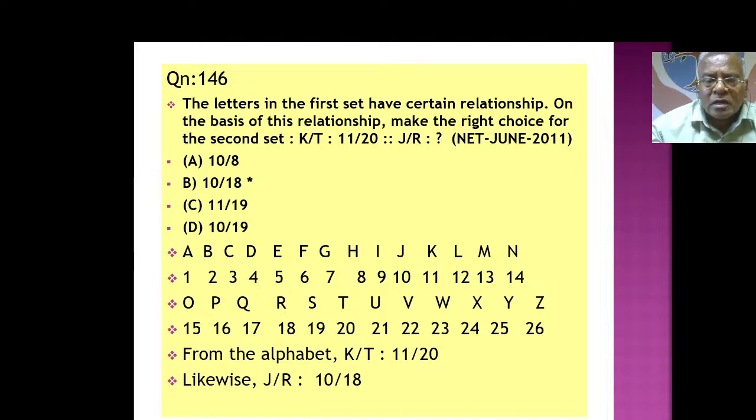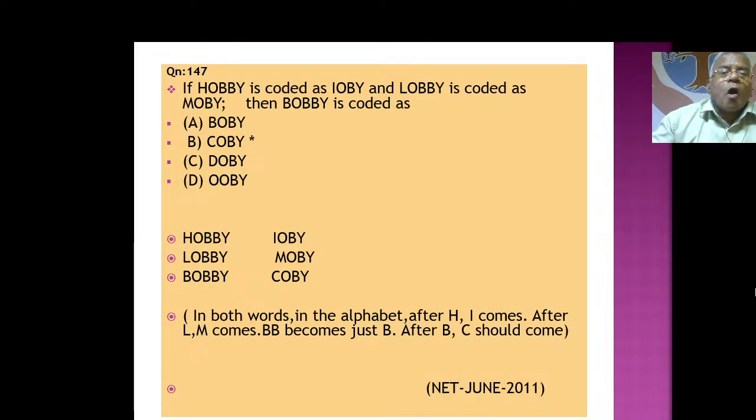Very simply we can find out from the alphabet and along with the number 26. This is another type of logic perhaps. So J by R is according to the condition of the problem. Now if HOBBY is coded as IOBY and LOBBY is coded as MOBY, then BOBBY is coded as what they are asking. Okay. Now just see how we have calculated.